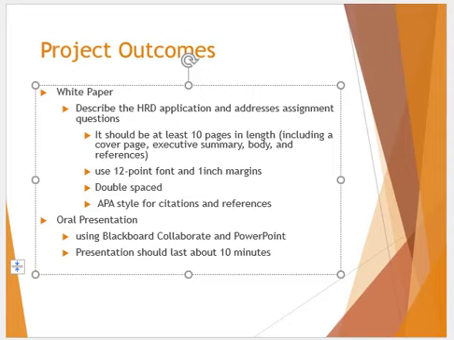You should use 12-point font, 1-inch margins. It should be double spaced. You should have citations to your sources in the body of the paper, as well as full references at the end of the paper, and you should use APA style for formatting those citations and references.